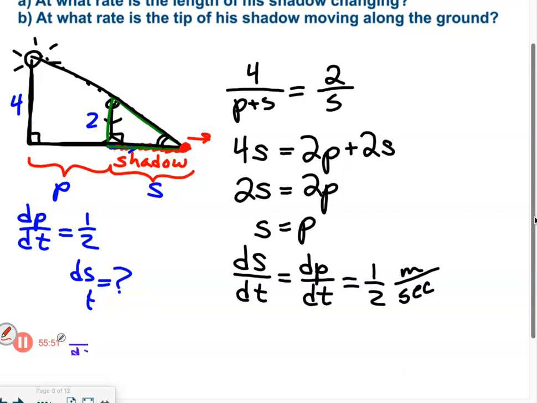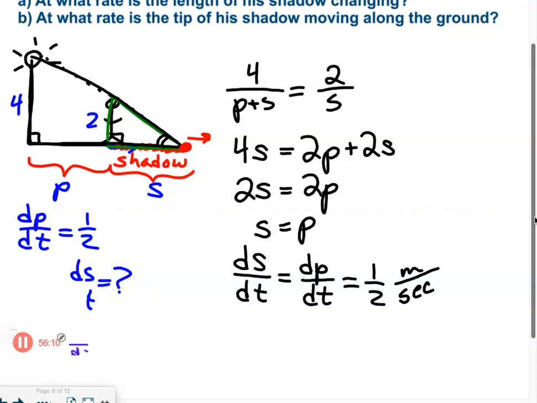Is it just ds dt? It's dp plus s dt. It's the rate of change of this whole thing, because it's got to be between the moving point and a fixed object. It can't be between moving and moving, because that's the shadow length anyway. So you have to do moving and fixed object.